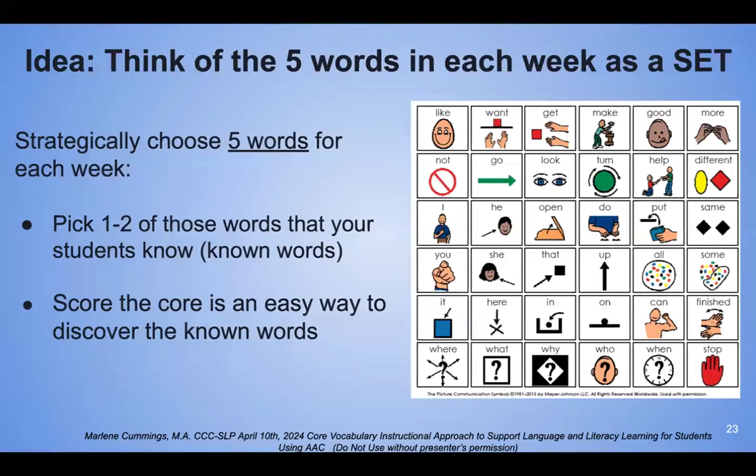Other people do 2 or 3 10-minute observations, and we call it score the core. So they take the core board and check off every time that word is used. And so as a result, those are what we would consider the more known words. And then we're going to choose 3 more words that are fairly new, but we're going to combine those words as we present them.